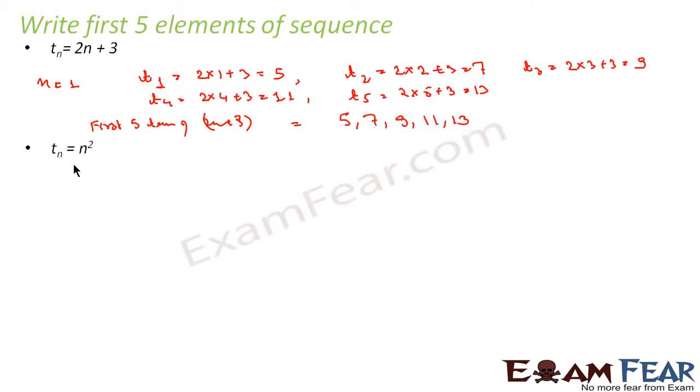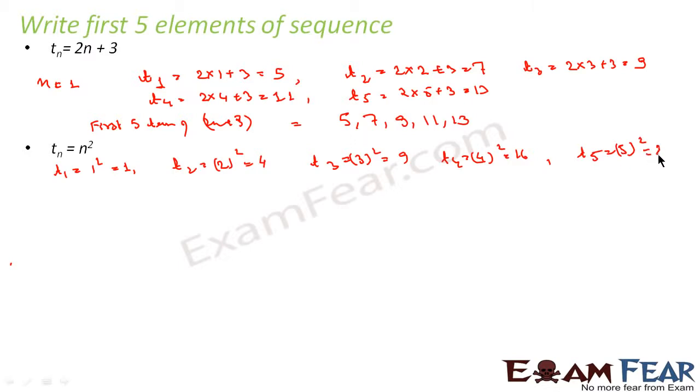So we have to find the first 5 terms for Tn is equal to n square. Here also what we'll do, we'll put the value n is equal to 1, T1 is equal to 1 square is equal to 1, T2 is equal to 2 square is equal to 4, T3 is equal to 3 square is equal to 9, T4 is equal to 4 square is equal to 16, and T5 is equal to 5 square, that is 25.